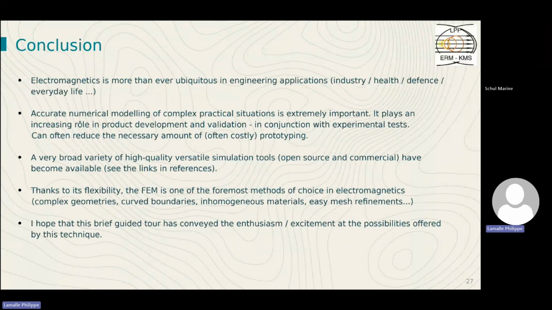So in conclusion, I would say that since electromagnetics is more than ever ubiquitous in engineering applications, be it in industry, health, defense, everyday life, it's very important to be able to accurately model complex practical simulations.